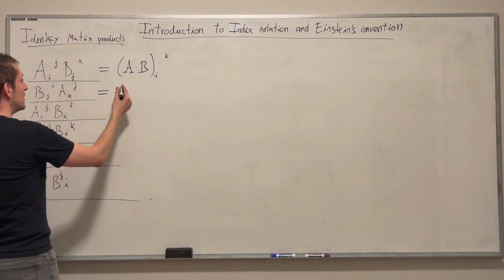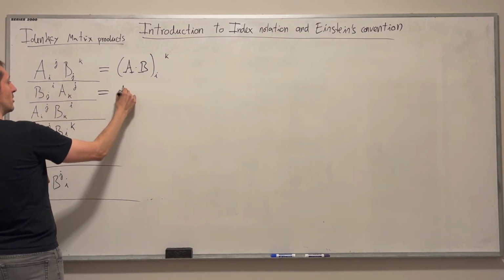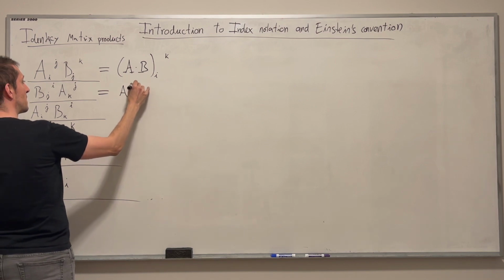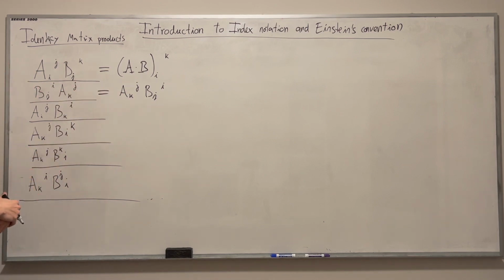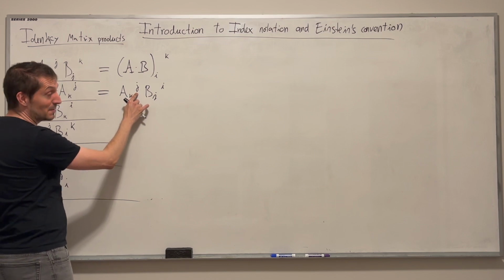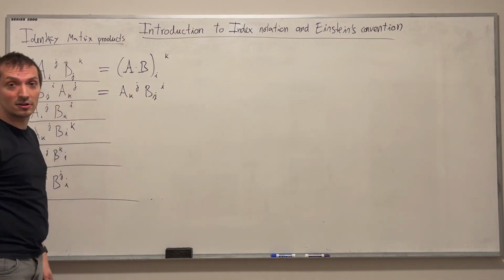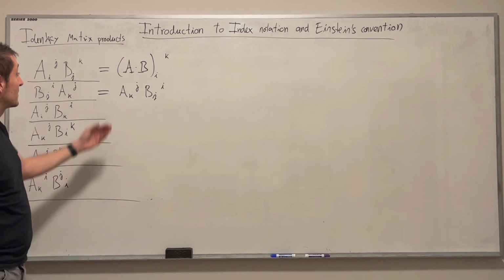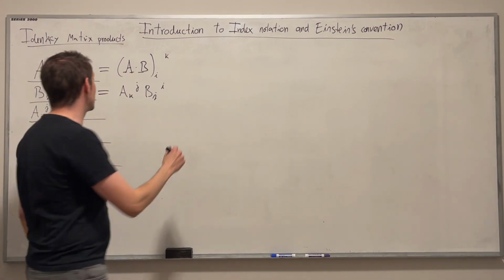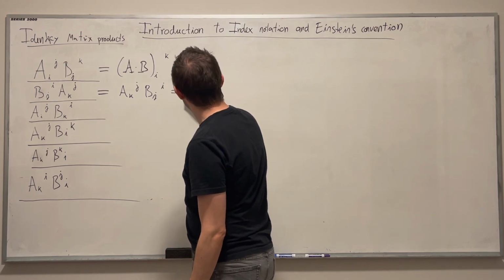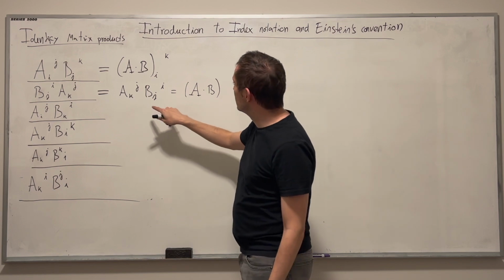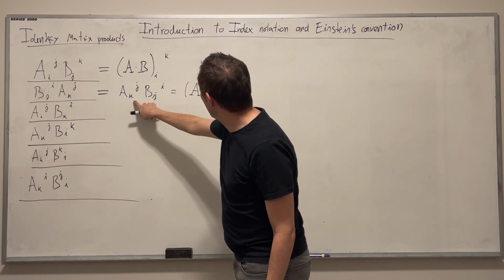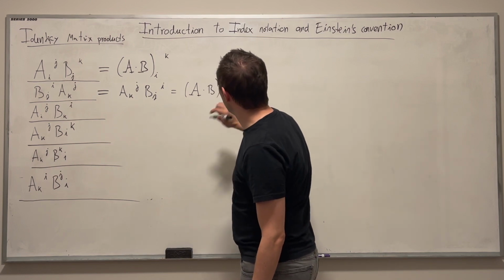So I can help myself by saying, okay, I can just swap the order of these two terms, and this is A_kj B^j_i, and this is certainly in the form now that I call canon, which is the second index of the first matrix is contracted with the first index of the second matrix, and that is a matrix product and happens to be the same as before, A times B, right? So this thing is the same as the matrix product A times B, only that now the free indices are the downstairs one is k and the upstairs one is i, so it's k i.